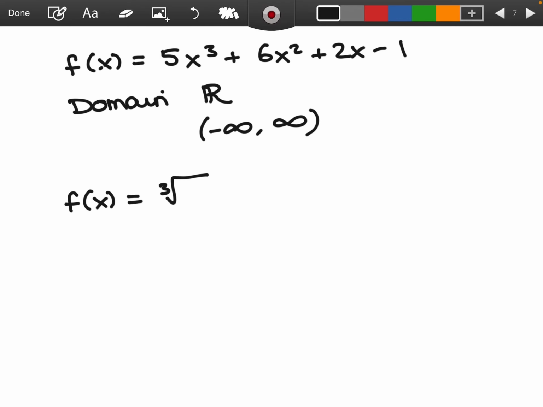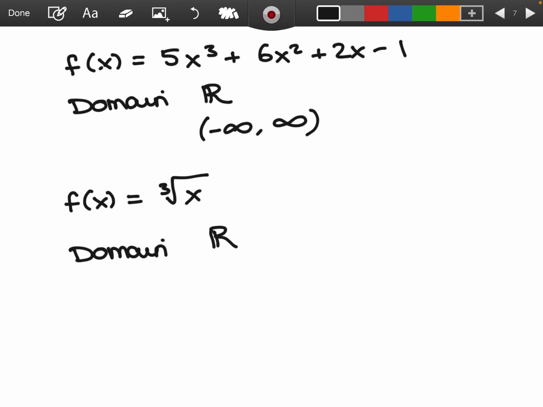The only other thing that I quickly mentioned that I want to go through is anything that looks like an odd root of any value. I could have x plus or minus anything under there, whatever it might be. Whenever you get an odd root, the domain is still all real numbers.